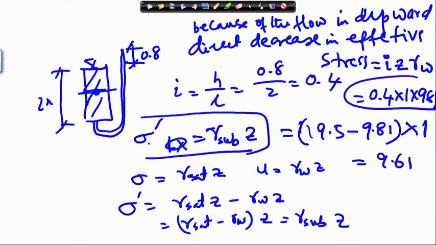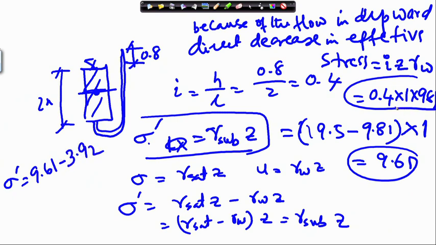So, this is to be subtracted from this, that means your effective stress will be 9.61 minus 3.92, and then finally it will become 5.76.